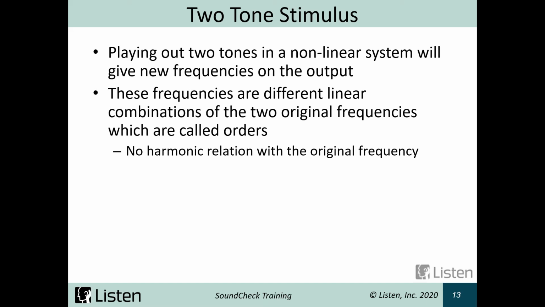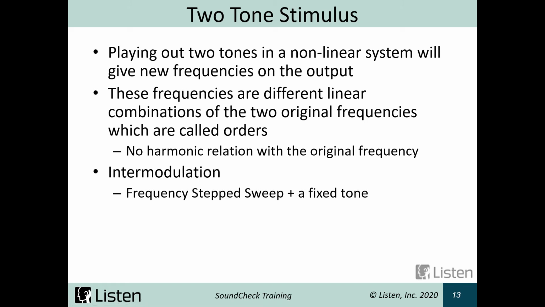These are going to be different linear combinations of the two original frequencies and are called orders. Before, when we were looking at intermodulation and difference frequency distortion types, we could select orders from the drop-down list. This is what we're talking about. They don't have a harmonic relation with the original frequency, unlike harmonic distortion.